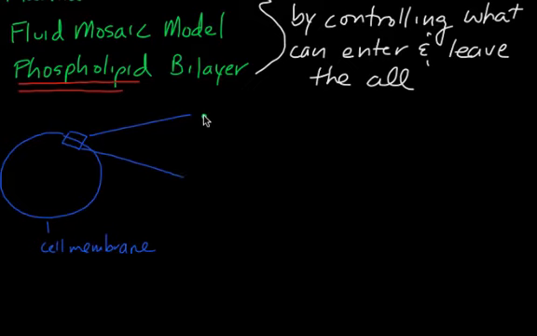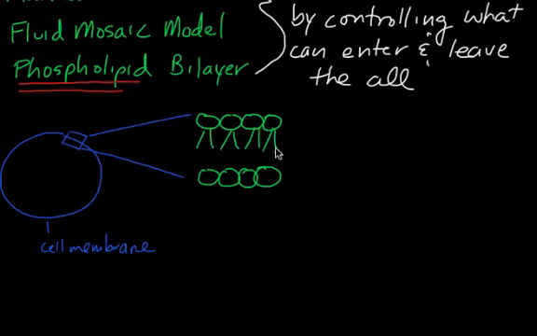Instead, we're going to see heads on both sides because we have two layers. And we're going to see tails coming off that are going to be facing each other. All right, so we actually have this surrounding the entire cell.